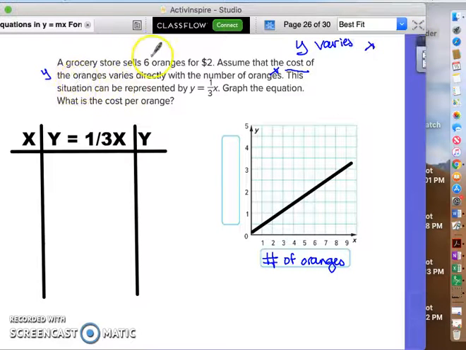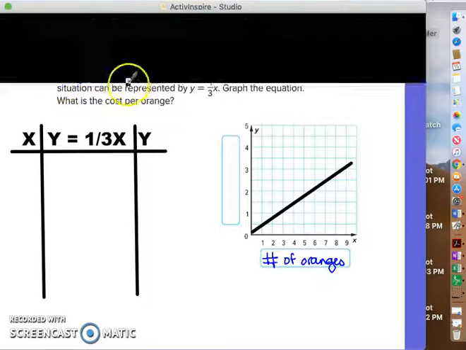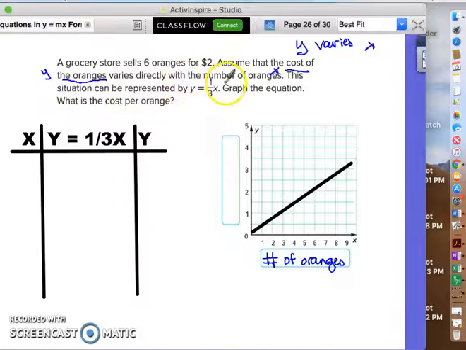A grocery store sells 6 oranges for $2. Assume that the cost of the oranges, so that's going to be my y, varies directly with the number of oranges. So my number of oranges is going to be my x, so it's going to go on my x-axis. My y-axis is going to be the cost of oranges.